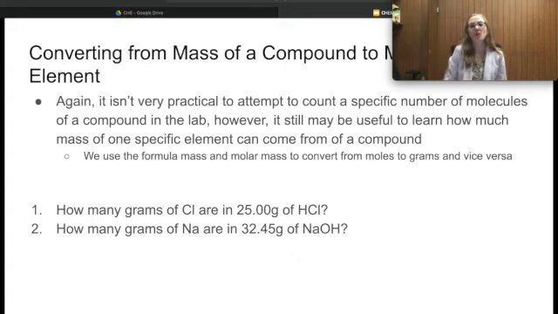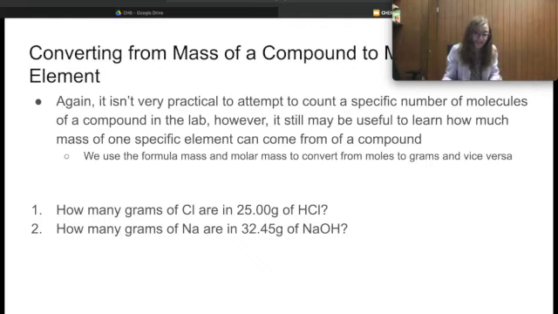Okay. So one thing that we might really like to do is figure out how much of one type of atom makes up a specific amount of mass of a compound, right? So again, it isn't very practical to attempt to account for a specific number of molecules in the lab.